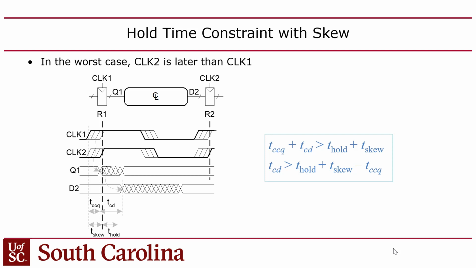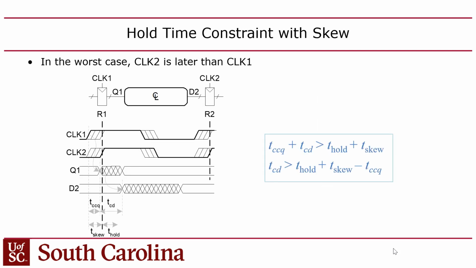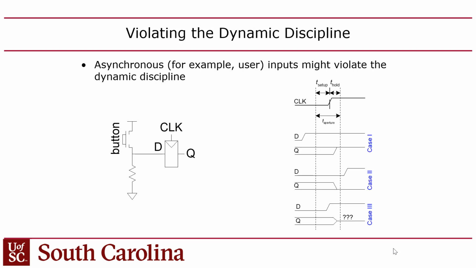Depending on the phase of the clocks, okay? So, does that make sense? You guys with me? I thought I had an example for that one, but you just have to incorporate the skew into these timing constraints.